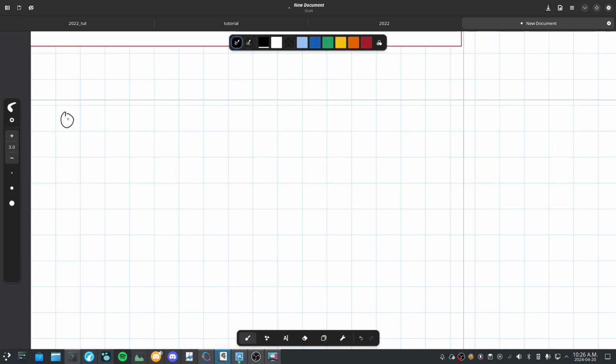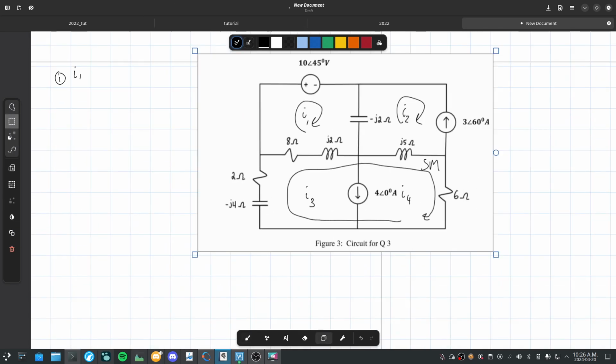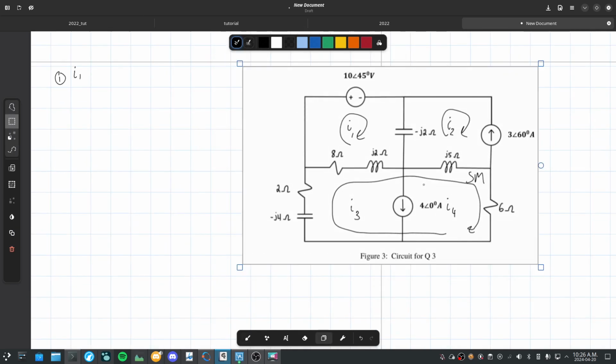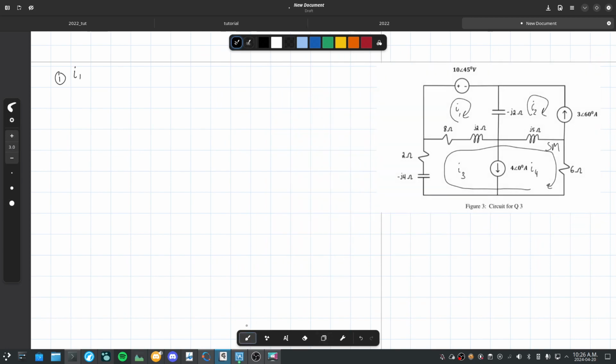For our first one, I1, let me actually just take a picture of this and put it to the side so you can also see. Like so. There you go. So for I1, you can start at any point in the mesh. So let's start here, for example.